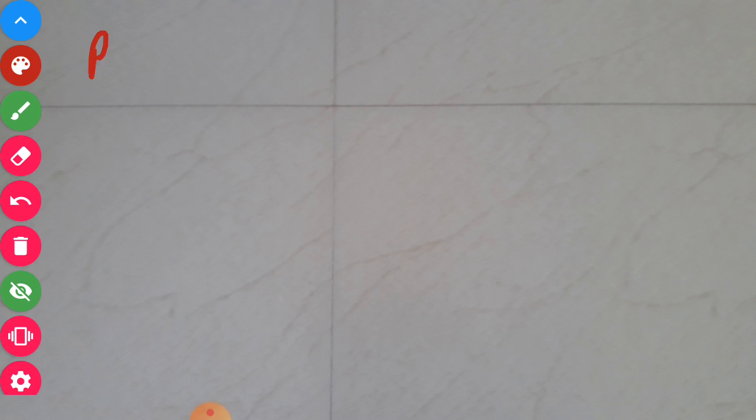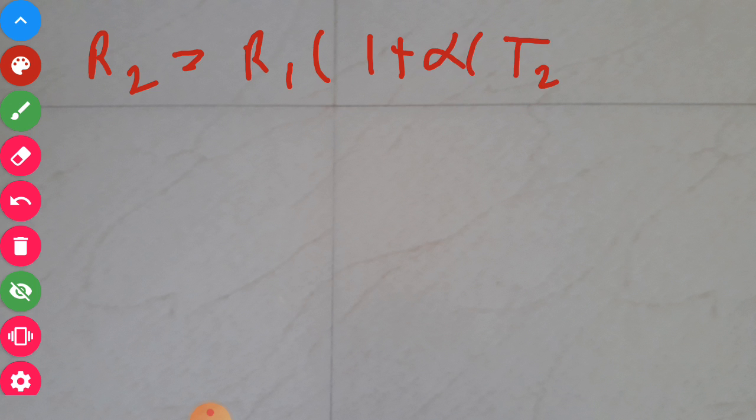Okay, say R2 is nothing but R1 into 1 plus alpha into T2 minus T1. Now T1 is given, T2 we want to find.